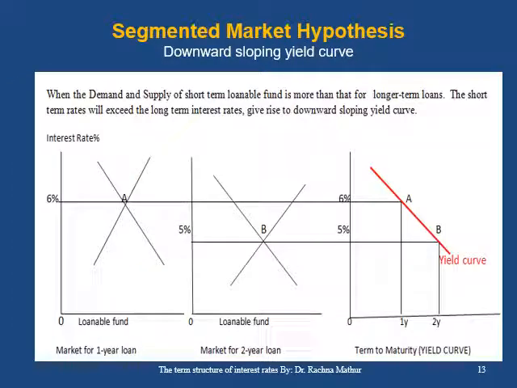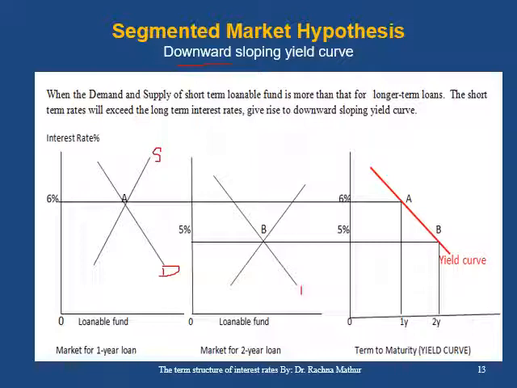Now let us see the downward sloping yield curve of the segmented market hypothesis. Here also, the interest rate is decided by the intersection of demand for and supply of loanable funds. So for the first year, demand for and supply of loanable funds give an interest rate of 6%.